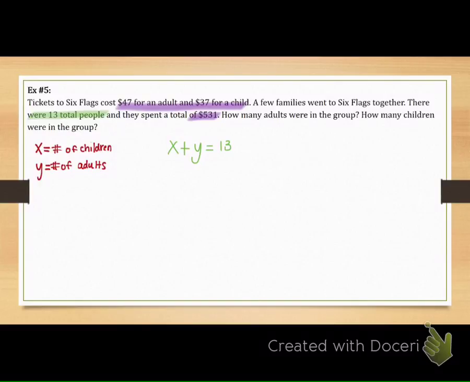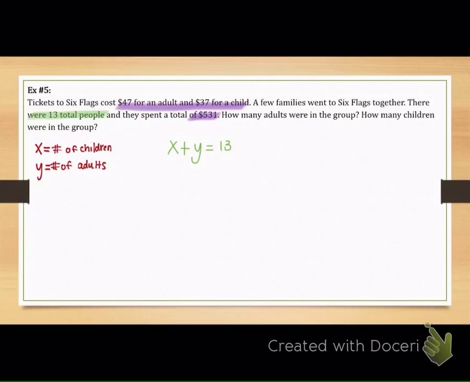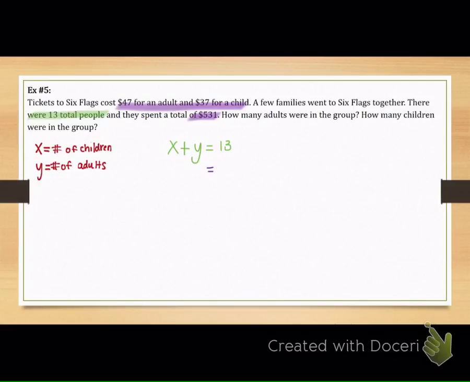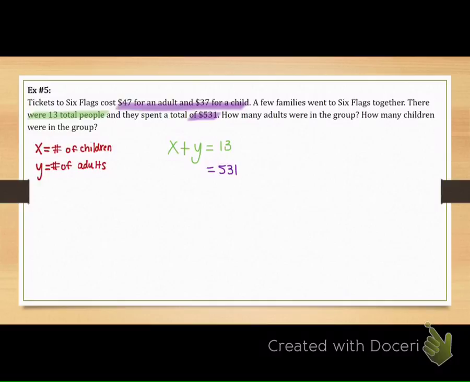All right. How could we write the equation dealing with the money? What would the equation be for dealing with the money? So what is it going to be equal to? Look at the other monetary amounts.